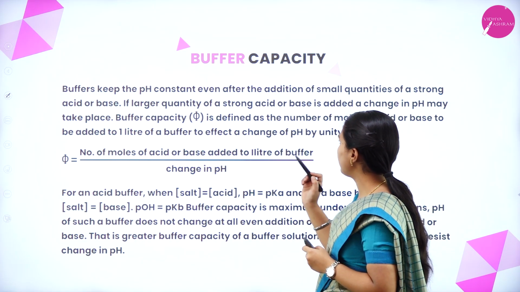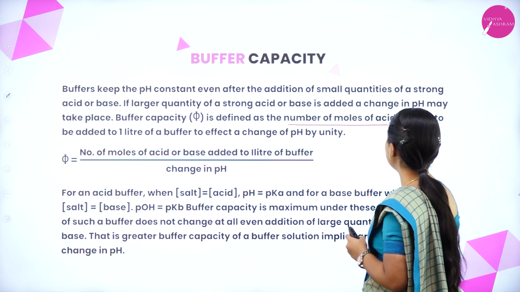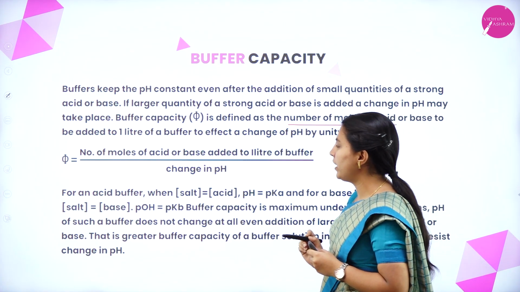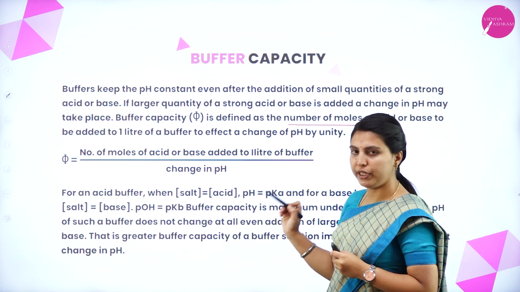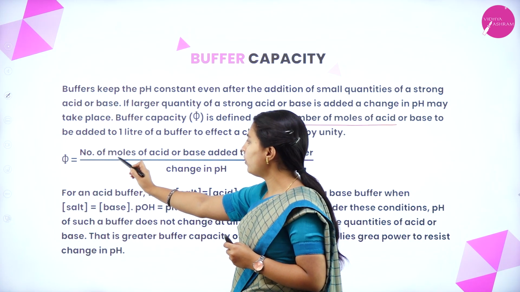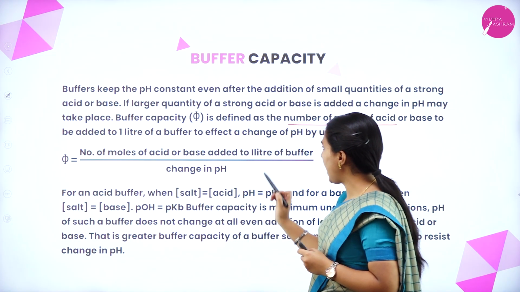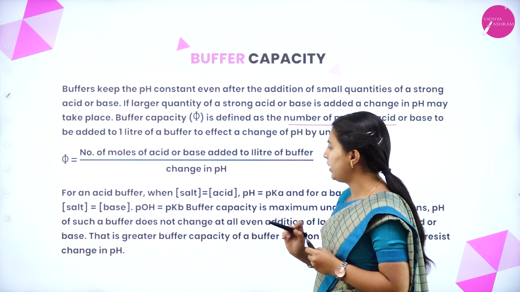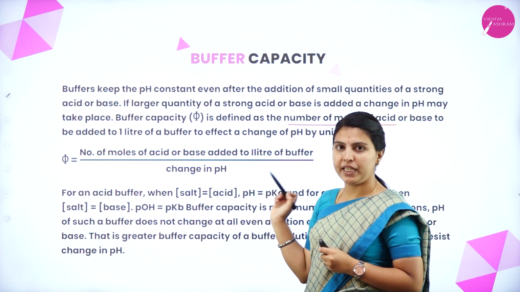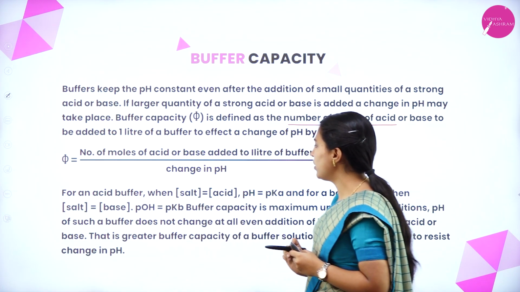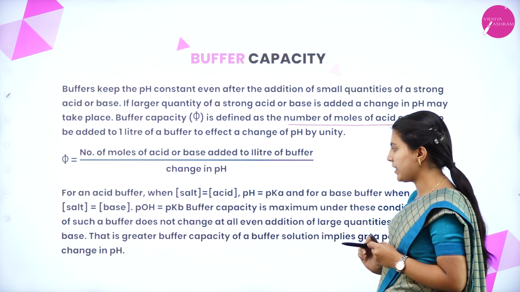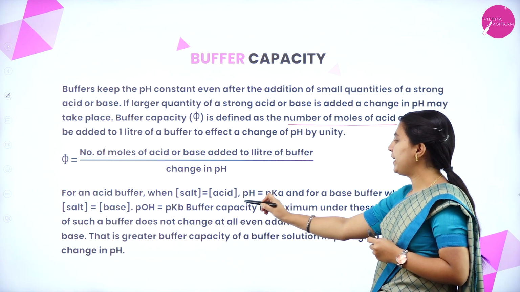Buffer capacity is defined as the number of moles of acid or base to be added to 1 liter of buffer to effect a change of pH by unity. Buffer capacity equals the number of moles of acid or base added to 1 liter of buffer divided by the change in pH. For an acidic buffer, when the concentration of salt equals the concentration of acid, pH equals pKa.